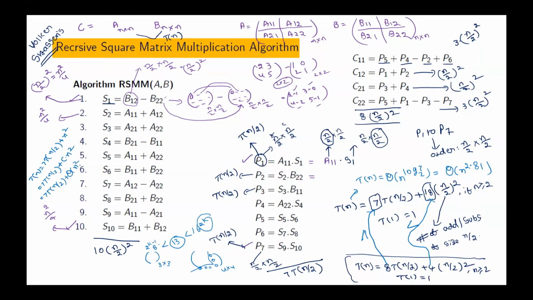All are correct. Whether it is there or not, it doesn't matter. Once we know what is happening, we can write our own recurrences, or if somebody gives a recurrence, we can verify whether it is correct or not. We should not memorize Strassen's matrix multiplication as T of n equals 7 times T of n by 2 plus 18 times n by 2 whole square. It's not that way.